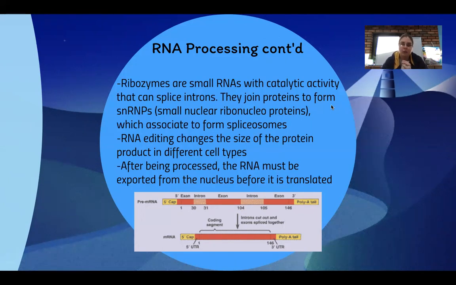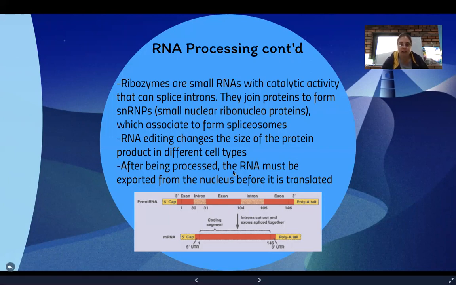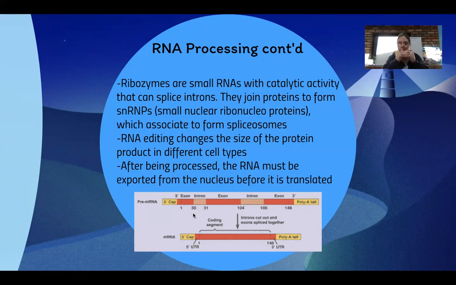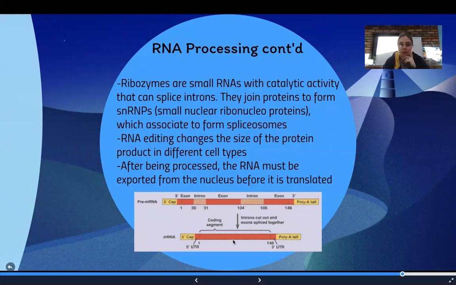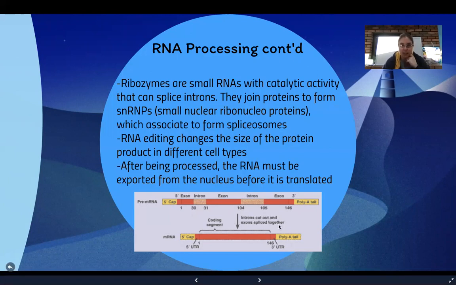And the spliceosome is what will actually edit the messenger RNA by cutting out, or what we call splicing, these introns out of the mRNA, which will allow the exons to be pushed together, reform bonds to form the fully edited and processed mRNA.